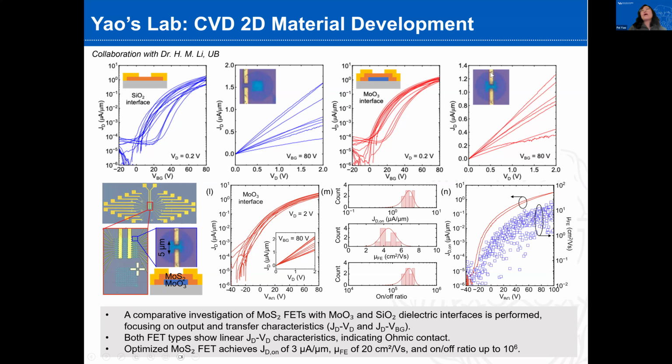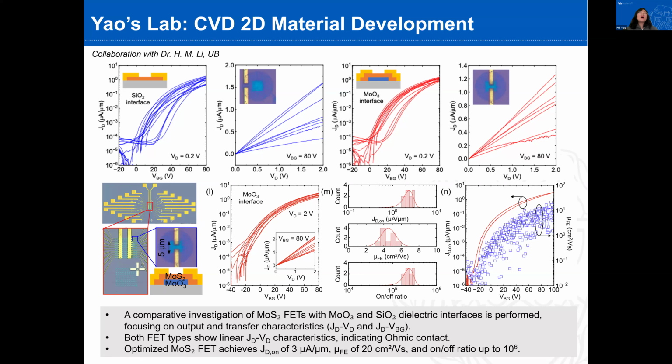We also patterned the finger across the pocket, where you will have MoS2, moly trioxide, silicon oxide, moly trioxide, and then MoS2. We evaluated the transfer curve as well as the output characteristics.